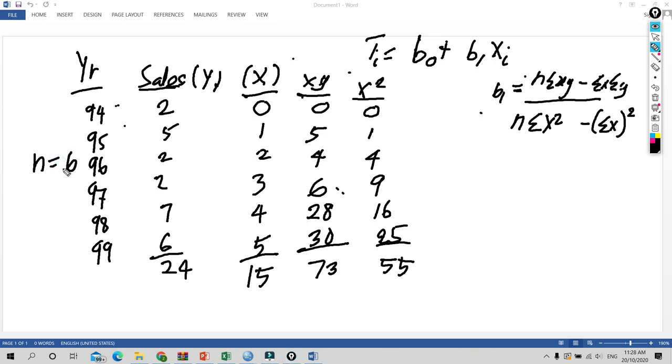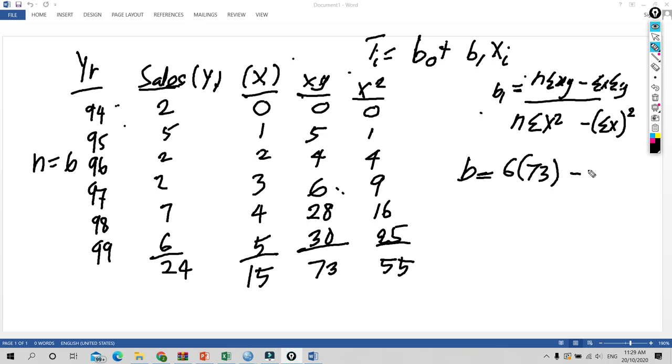So by applying this formula, your B1 here is equal to n, which is 6, multiplied by the summation of xy. The summation of xy, we refer to xy here, is 73, minus the summation of x.